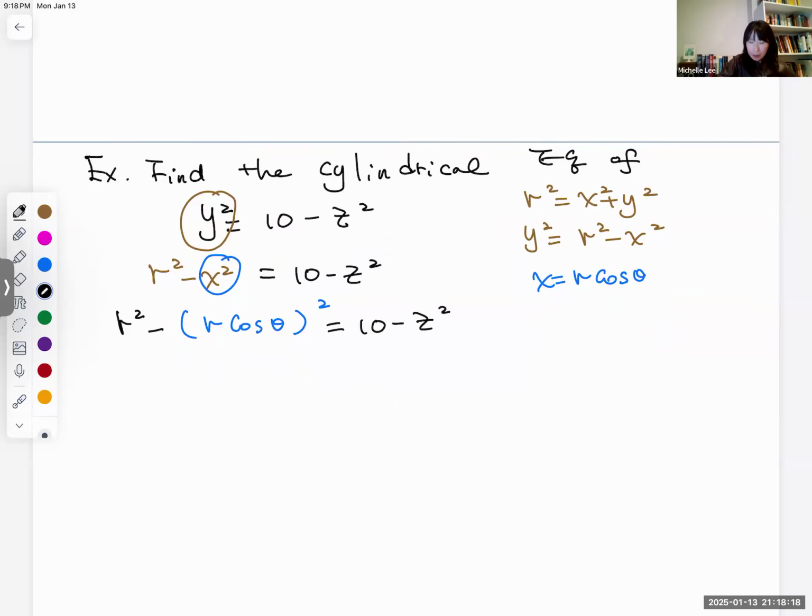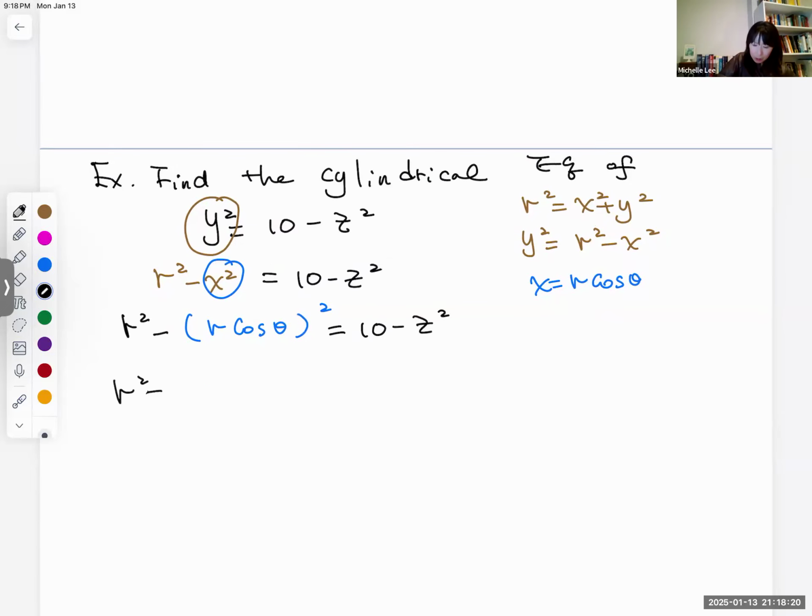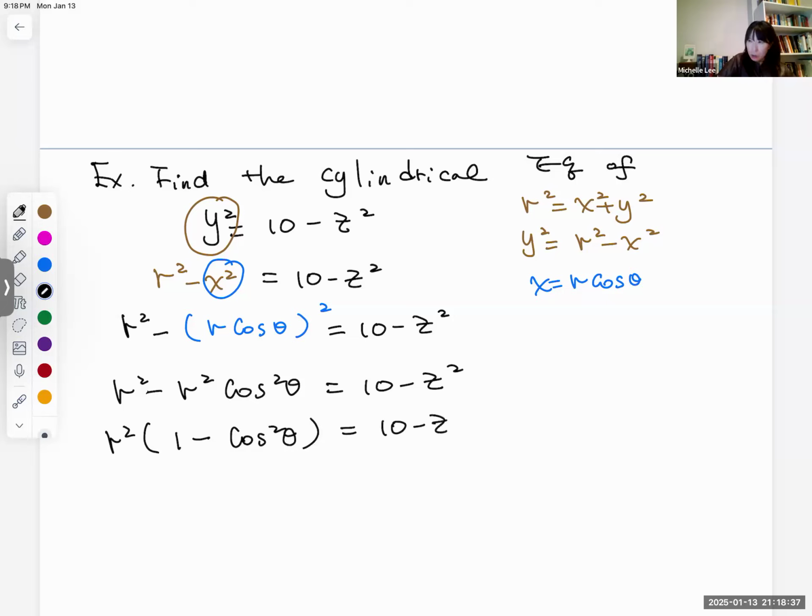Okay, let's simplify. So r squared minus r squared cosine squared theta equals 10 minus z squared. Then we can factor out r squared: 1 minus cosine squared theta equals 10 minus z squared, right?